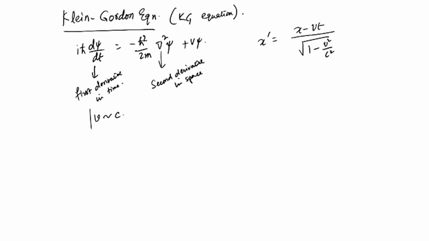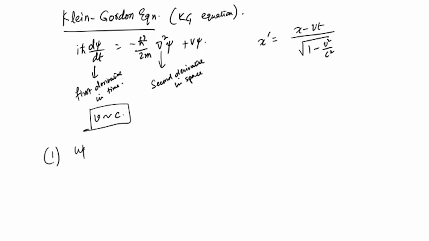Okay. So this is the reason that one needs to find new equations whose solution would give a description of the particle when it is moving with a speed comparable to that of light.